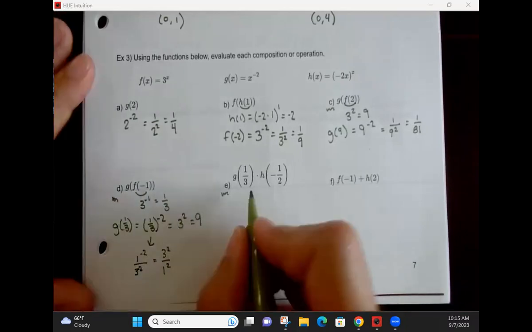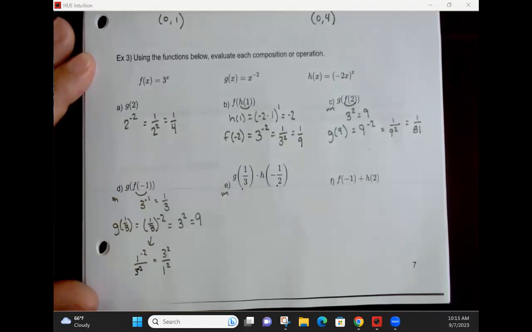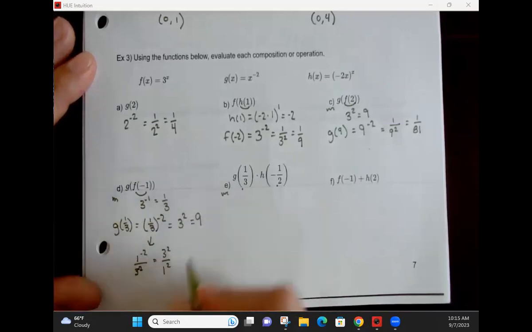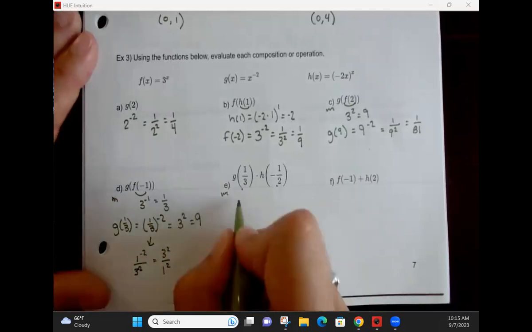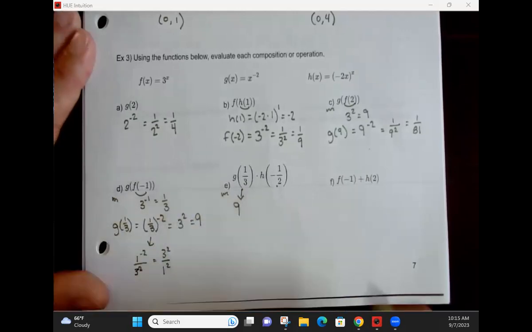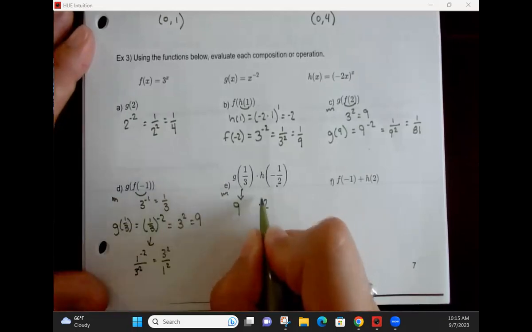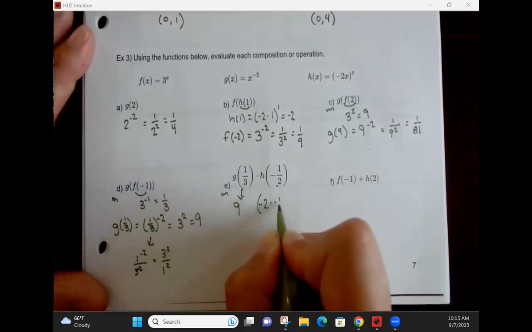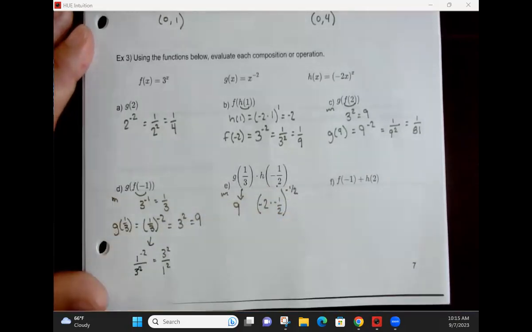And then E, I'm evaluating, and multiplying. So g of 1/3, well, we just did g of 1/3, and we know that that's 9. g of 1/3 I know is 9. h of -1/2 means I've got -2 times -1/2 to the -1/2 power.